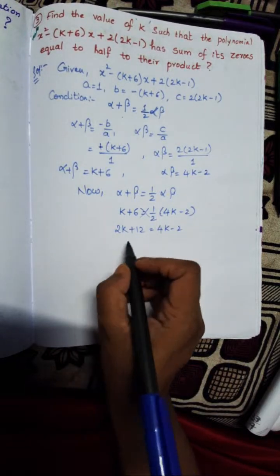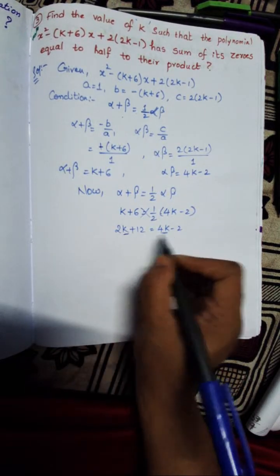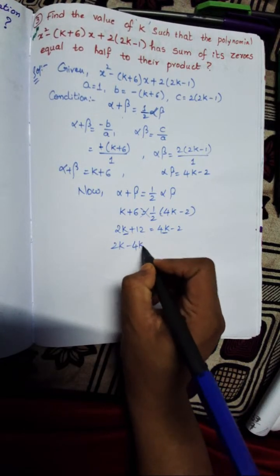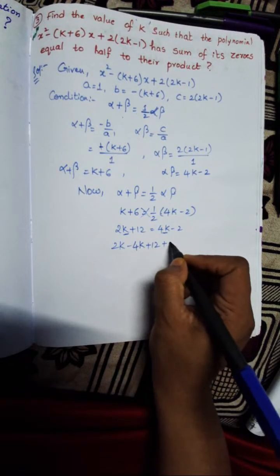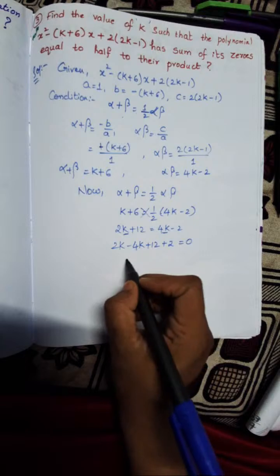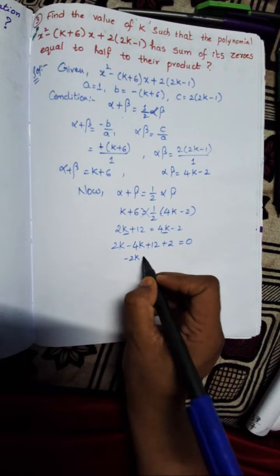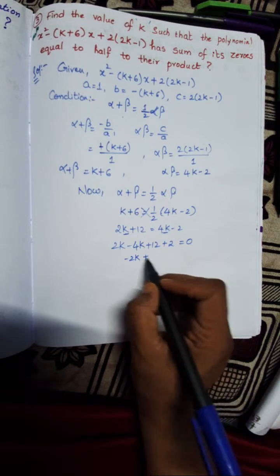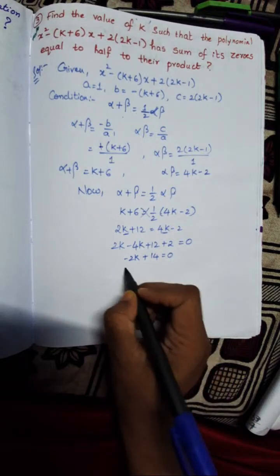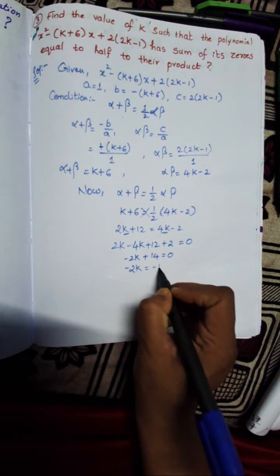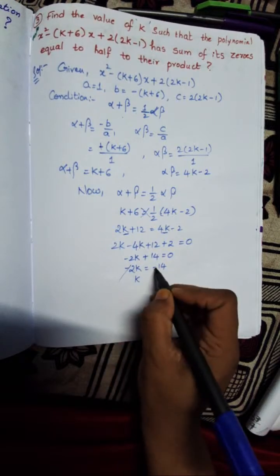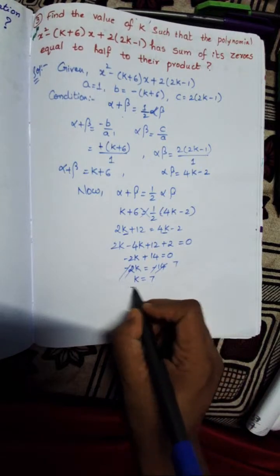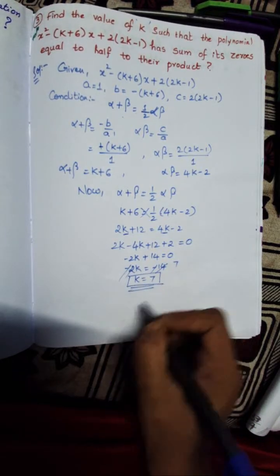Now bring the k terms together: 2k minus 4k, and plus 12 becomes plus 2, equal to 0. 2k minus 4k means minus 2k plus 14 is equal to 0. Now take the constant outside, it becomes minus 14, and minus minus get cancelled. k is equal to 14 by 2, 2 sevens are 14, so the k value obtained here is 7.